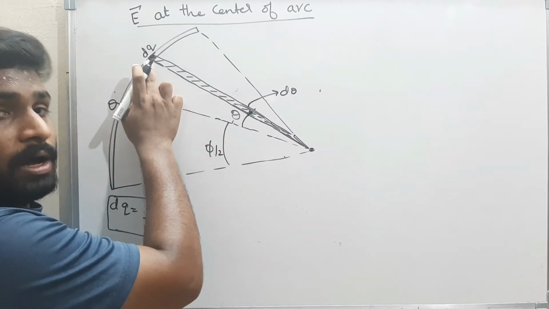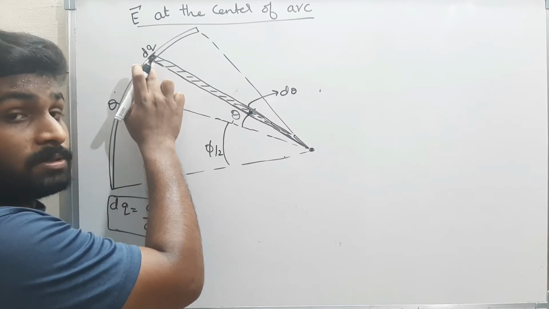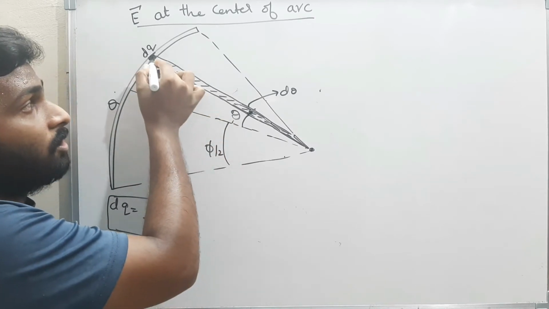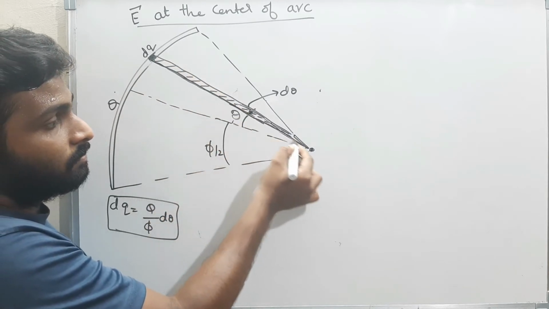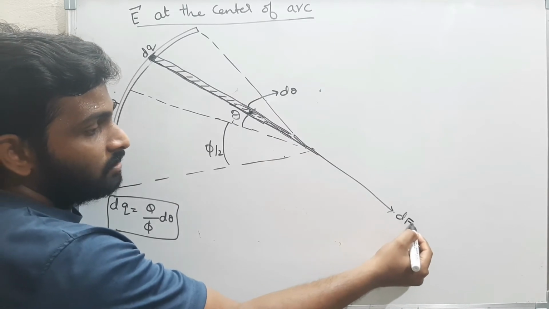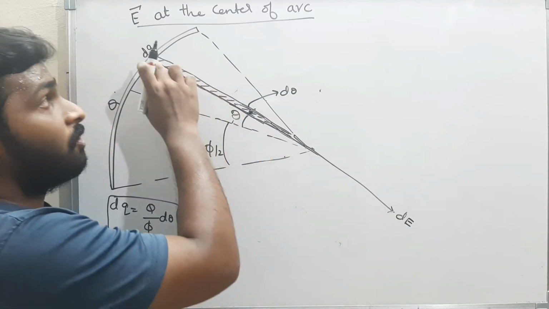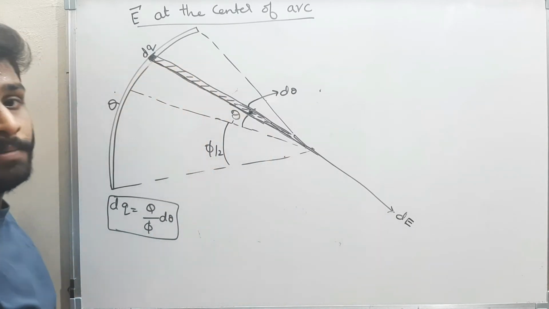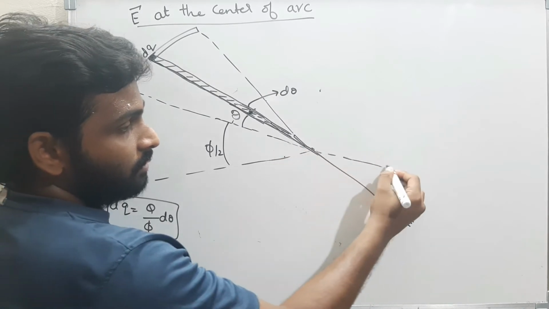The same thing here. This is a small arc, small charge, and I am assuming it as a point charge. Because of this, the electric field will be along the line joining it. This is the electric field intensity dE, the electric field intensity due to the small charge dq. This is the central line.